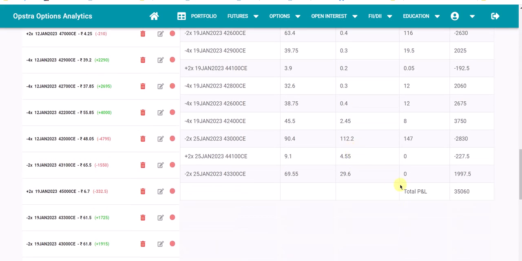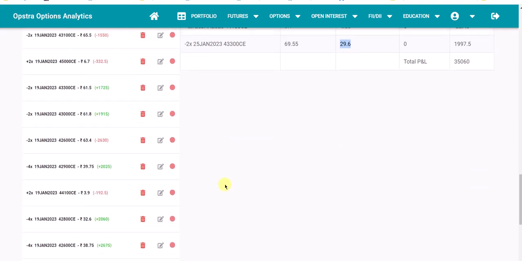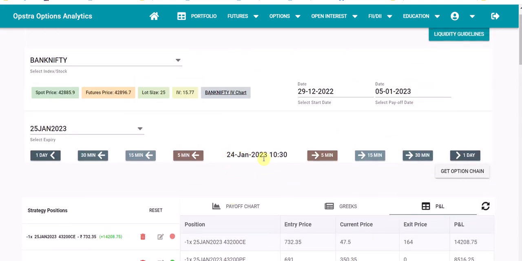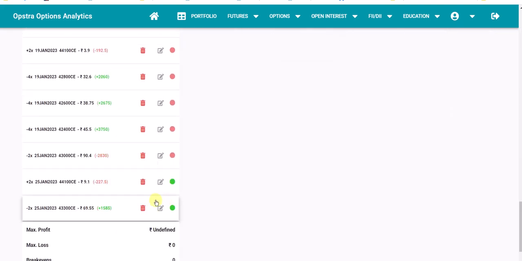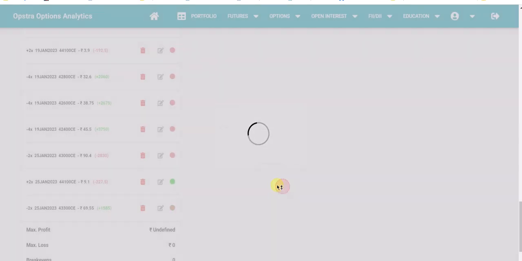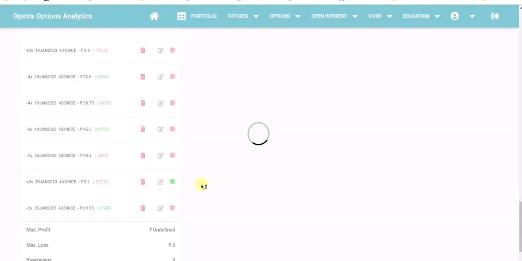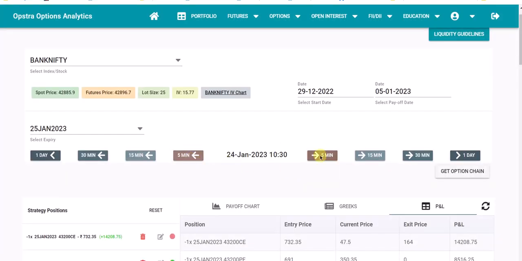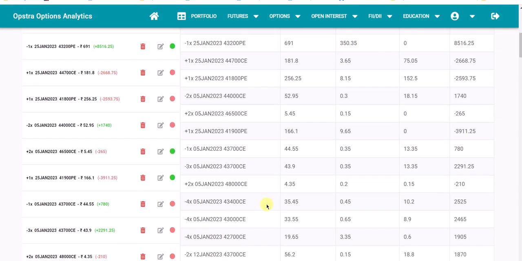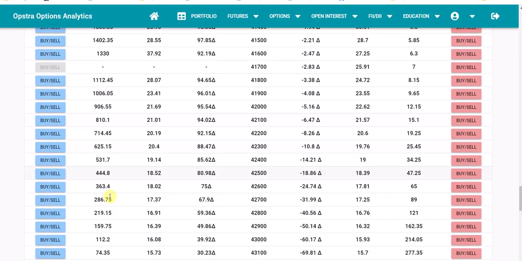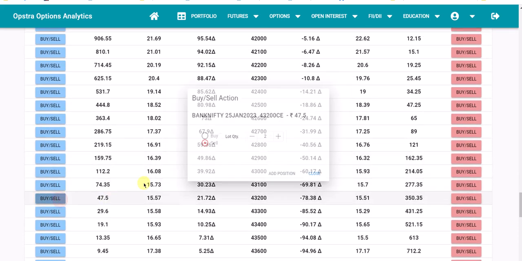So there is a slight down move, and we can book this and come closer with the 4 lots. We are just at 2 days, right? So we can sell somewhere at 50, 4 lots. 40 to 50.